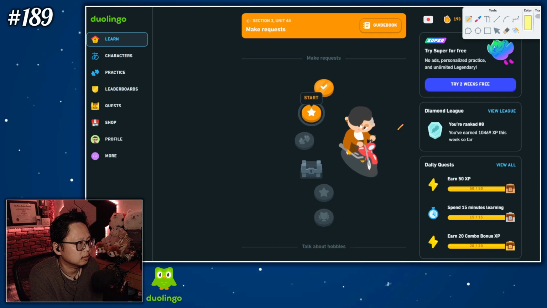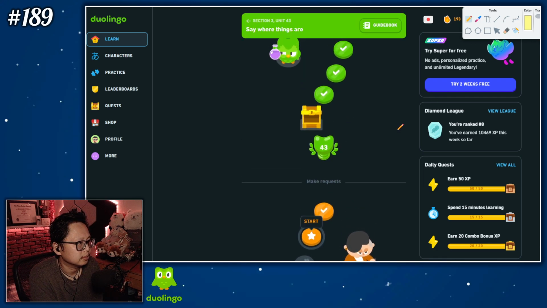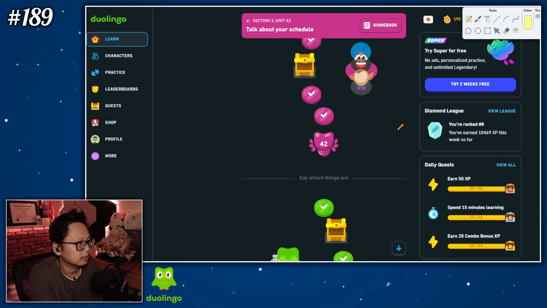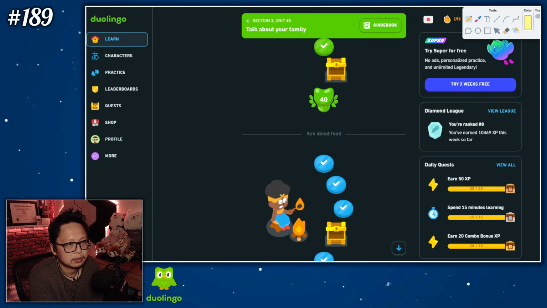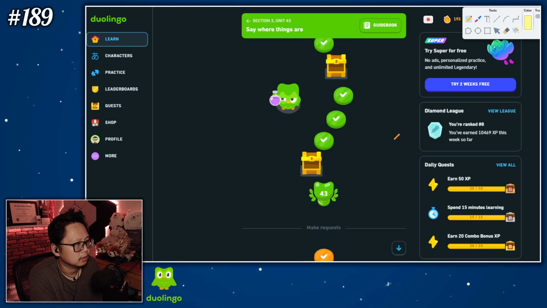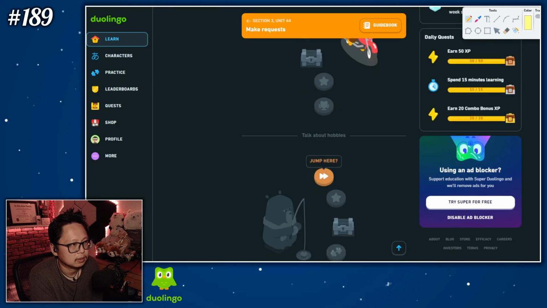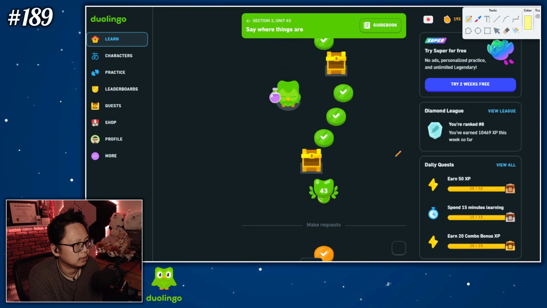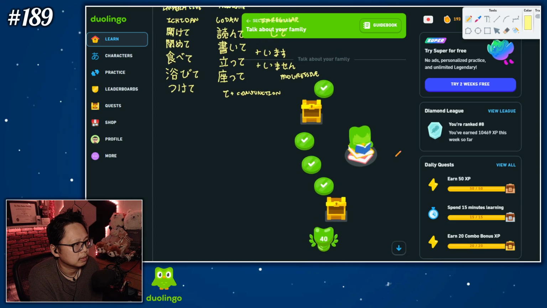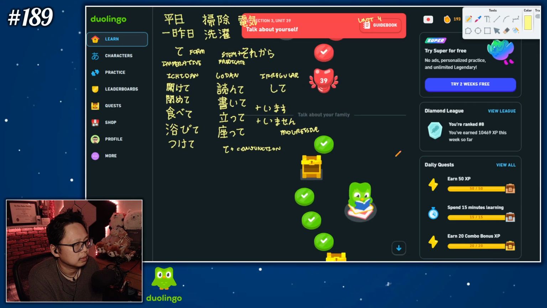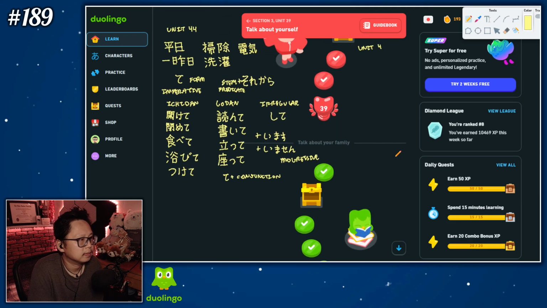Oh, position. If only this plugin doesn't do that all the time. Okay. Position. So let's go over some positions.